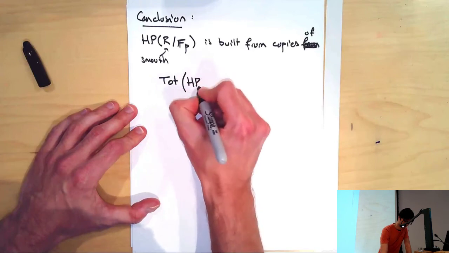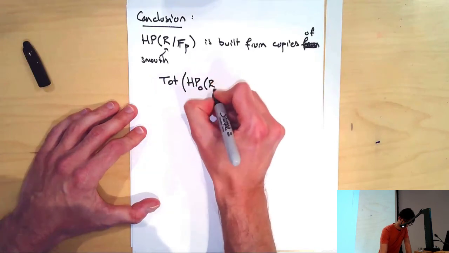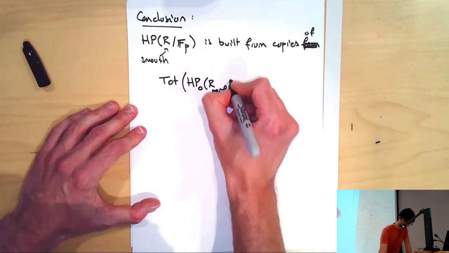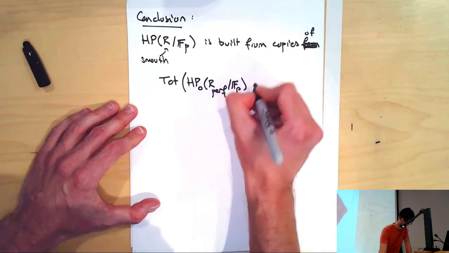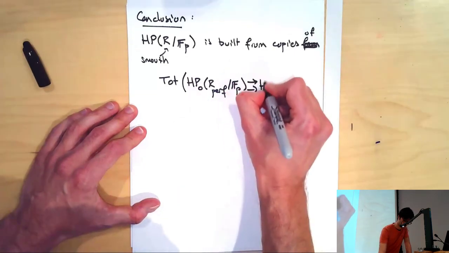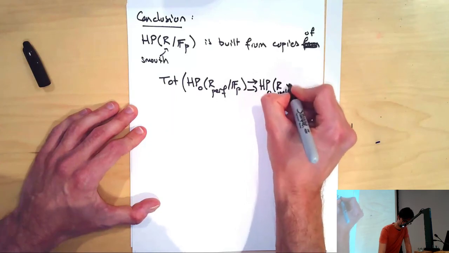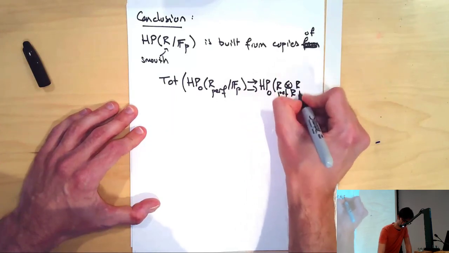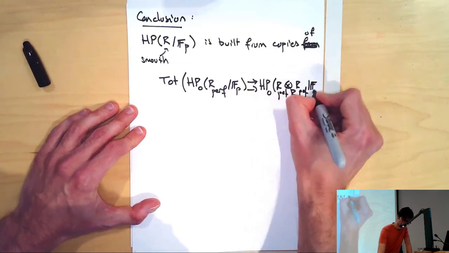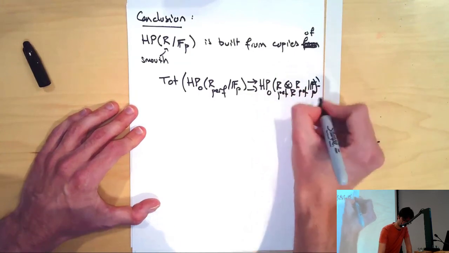So I return to my HP0 of R perf over Fp, HP0 of R perf tensor R perf over Fp, and so on.